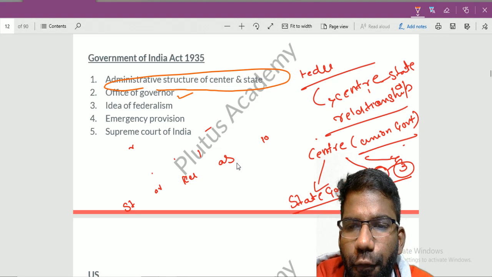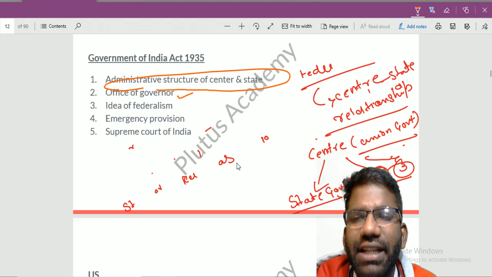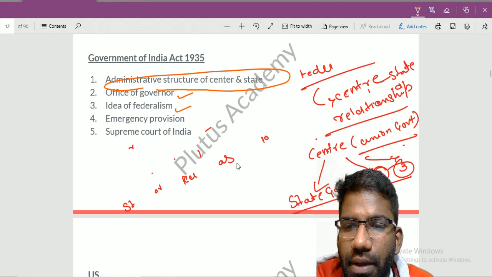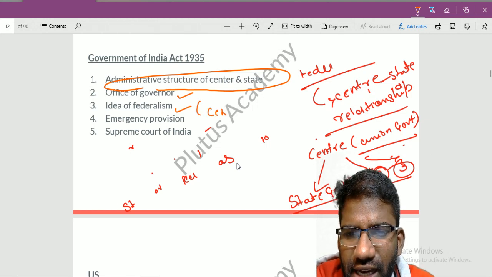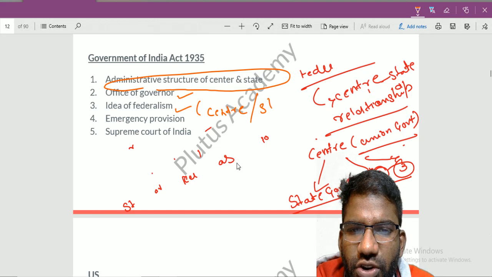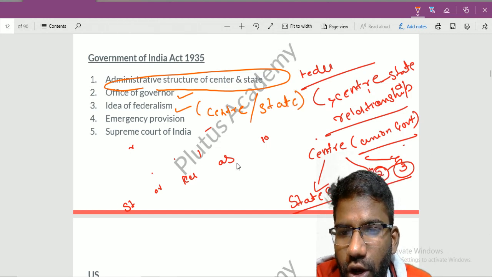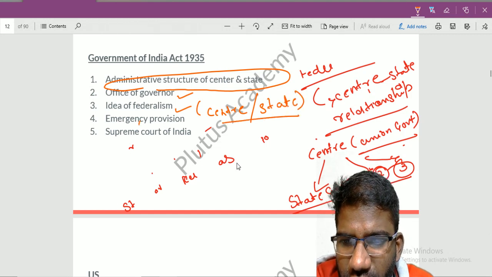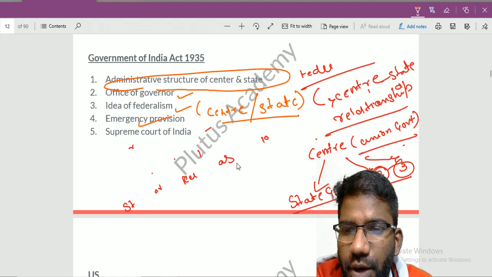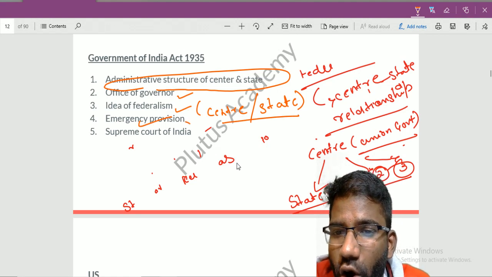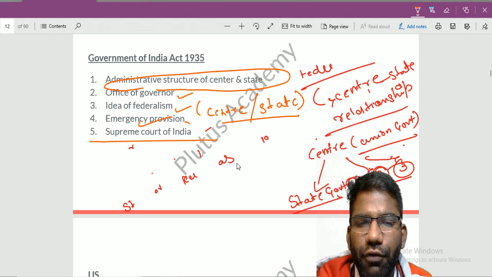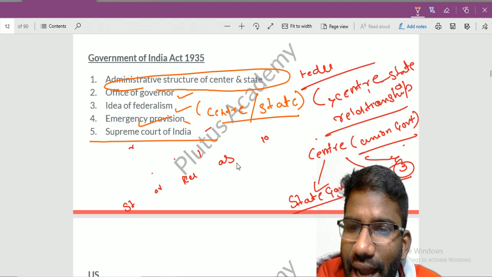Idea of federalism, which includes the center-state relationship. Emergency provisions, and the office of Supreme Court. All have been taken from the Government of India Act 1935.